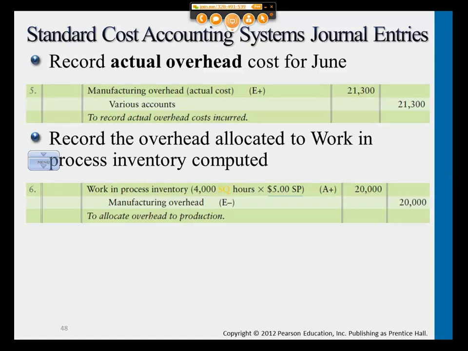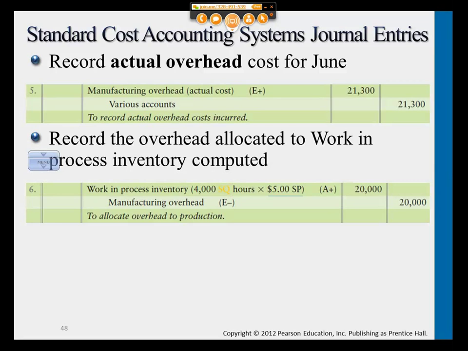And so these are various accounts. What are those various accounts? They might include anything: accounts payable, accumulated depreciation, such and such. What you need to understand is that you record your actual overhead cost for the month of June, right? And to remind you, we calculated all of the manufacturing overhead components for June, so it's the same.